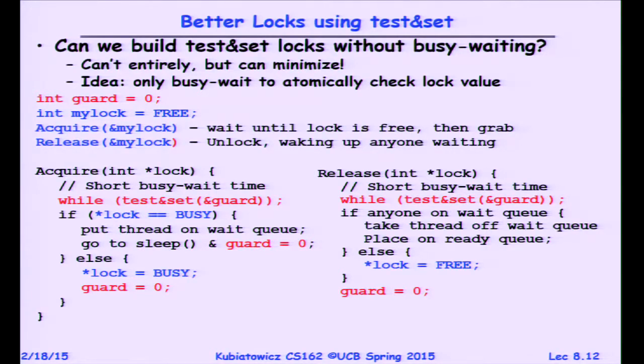Okay, and so now rather than forcing the user to disable and enable interrupts, what the user is doing is using test and set on a guard variable and then managing a whole plethora of possible locks using what's in the middle there between the test and set and the guard equals 0. And if you look carefully, you'll see this is almost identical to enabling and disabling interrupts, but now we can let the user do it and it works on a multiprocessor. Okay.